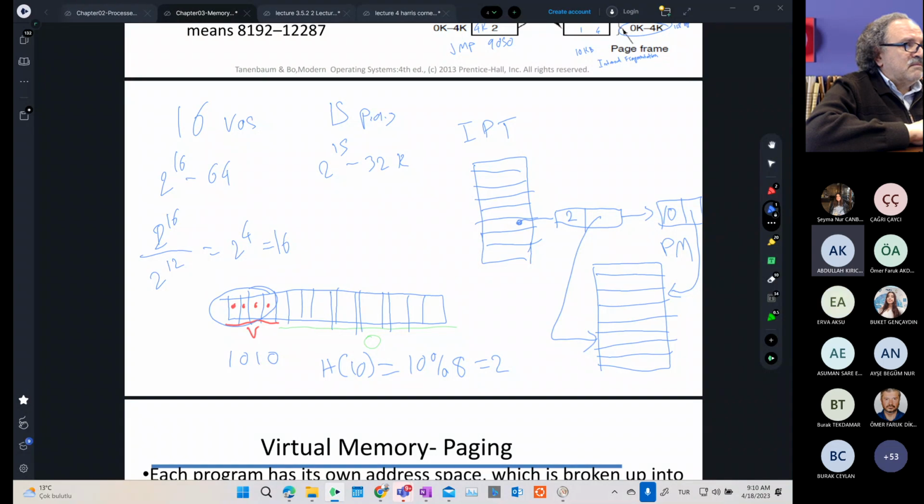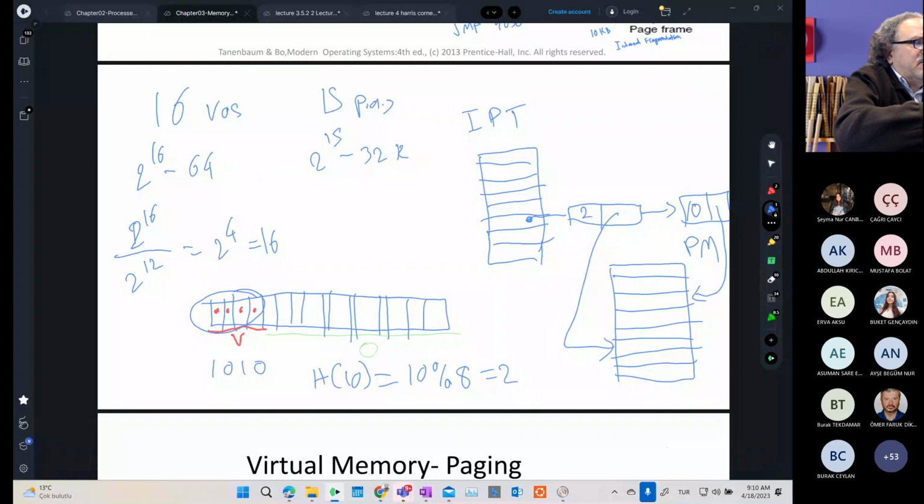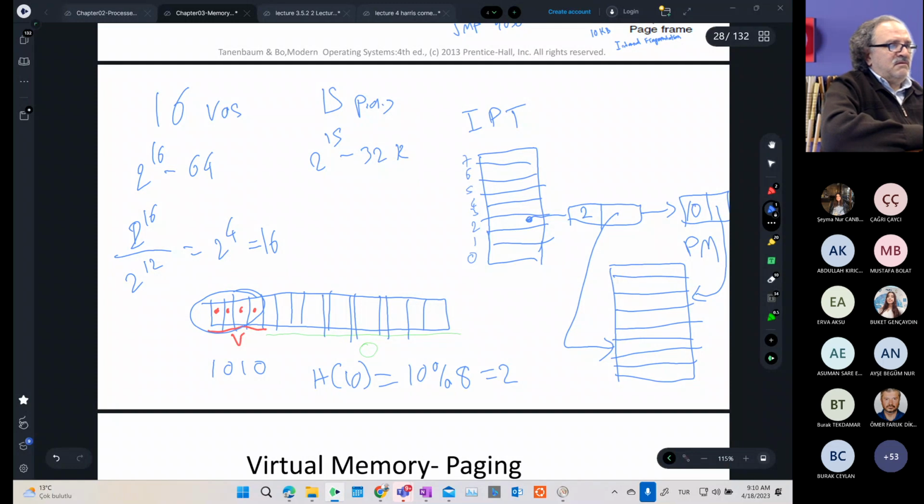Also, I wonder why the entry with the number 2 isn't in the second position. You mean this part? Well, because this is my inverted page table address that way, right? It is 0, 1, 2, 3, 4, 5, 6, 7.